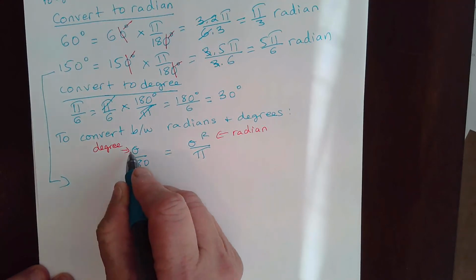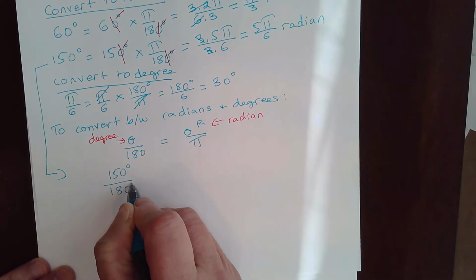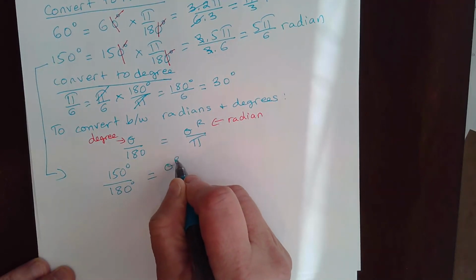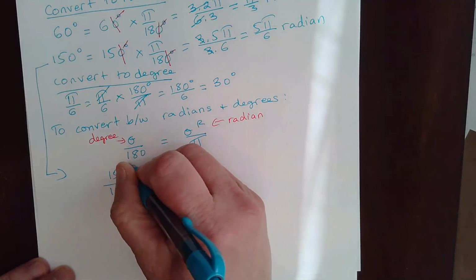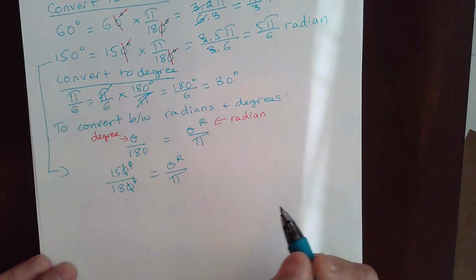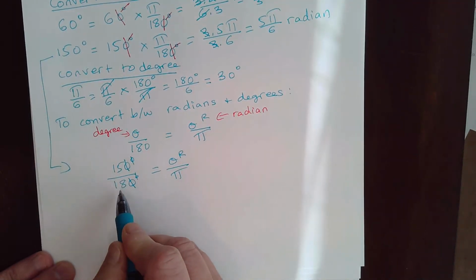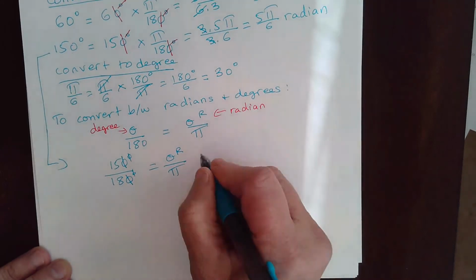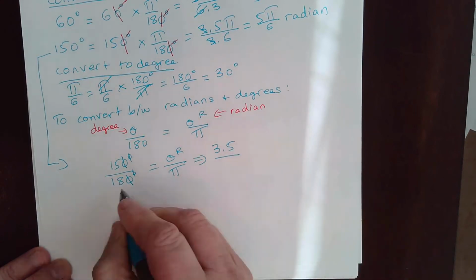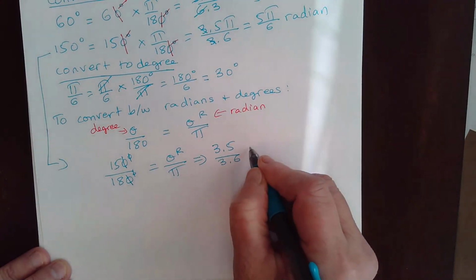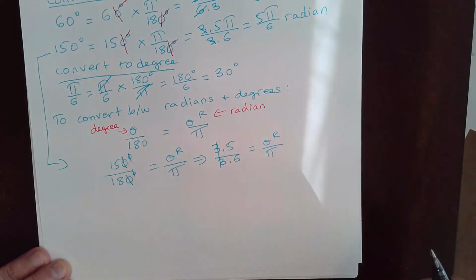So what do we get? We get 150 divided by 180 equal to theta in radian over pi. You can simplify here the zeros, and this is again 3 times 5, this is 3 times 6, so they can cancel out. The 3s cancel out.